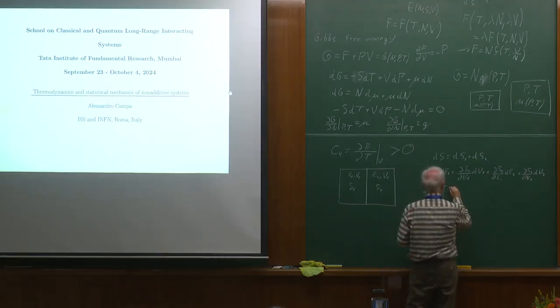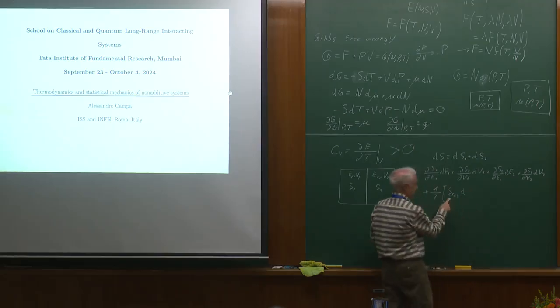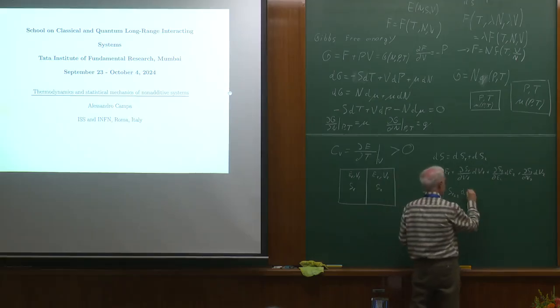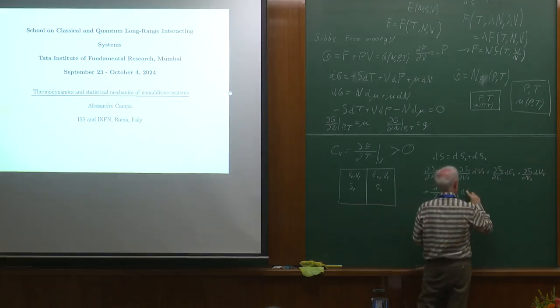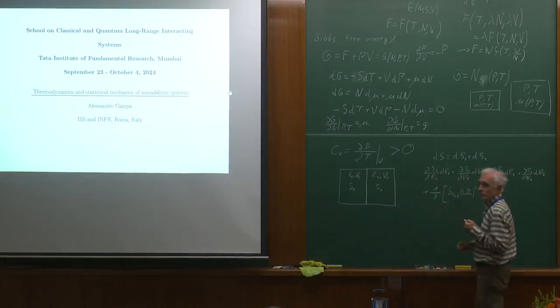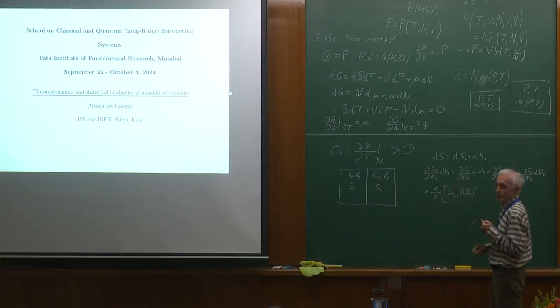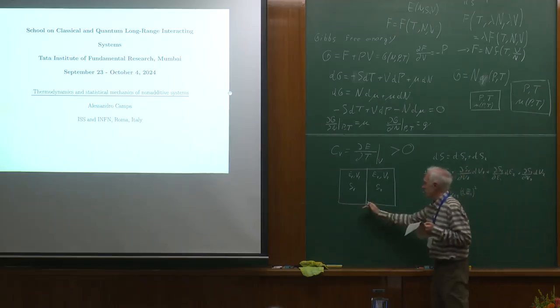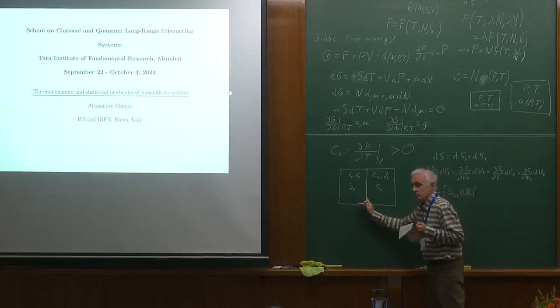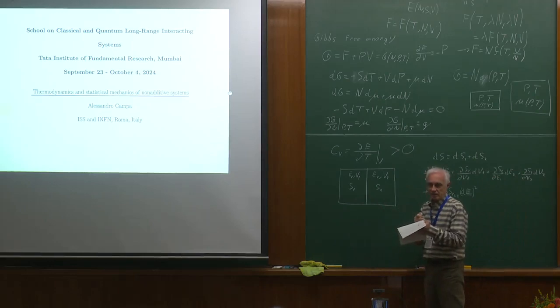Let me write in a more compact way. Okay, it is clear. This is the second derivative with respect to the energy. So you are considering N to be fixed. Yes. I think I can take a separation that can move and can exchange energy, but does not allow particles to go through.